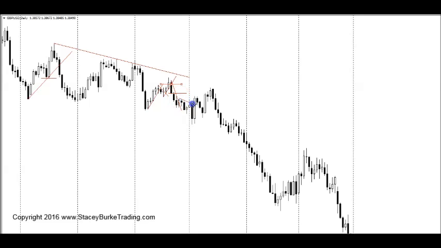Then we see a bit of a momentum shift, but still a micro trend line with the retest of the low after the micro trend line break. Then a capitulation, a breakout pullback. 80% of breakouts fail, and the market will retest the level of where that breakout occurred from.